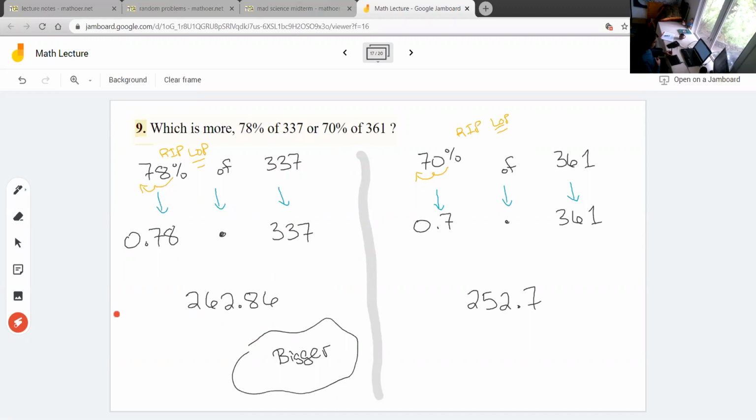If I had a story problem, I could know how to round this if I knew what practical thing I was measuring. But I don't, so I'm just going to write it. And I don't really care how many decimal places it has, because all I'm doing is picking the bigger one. Ready for the next one?